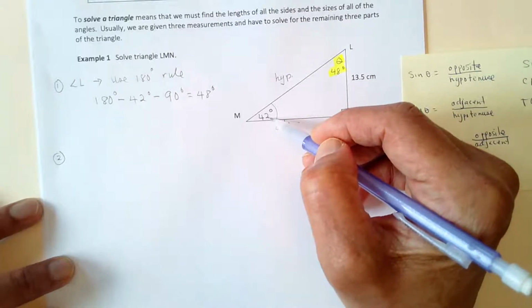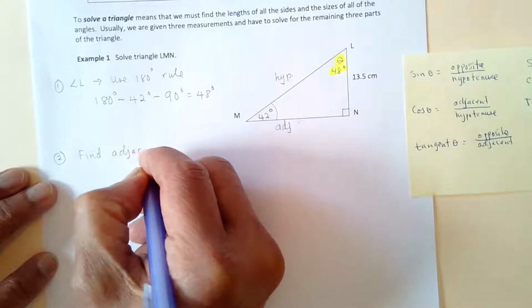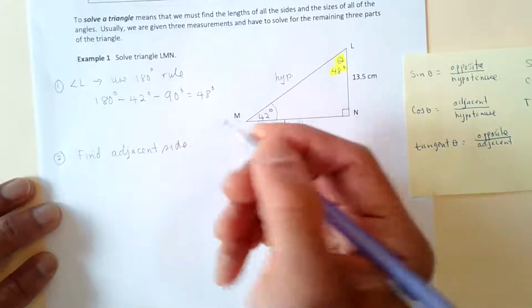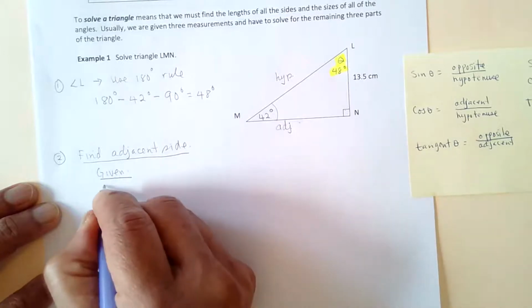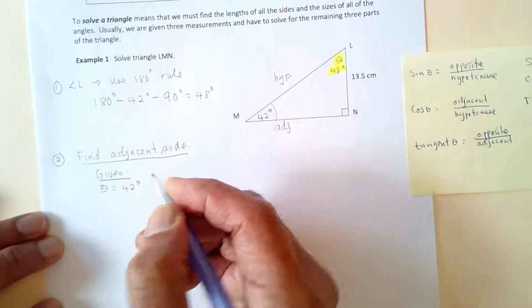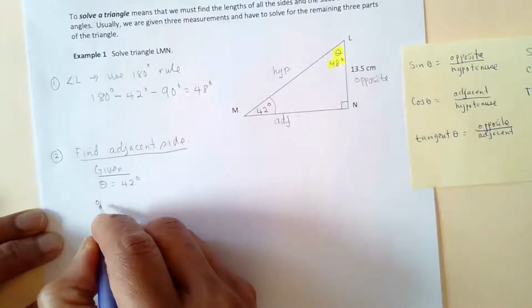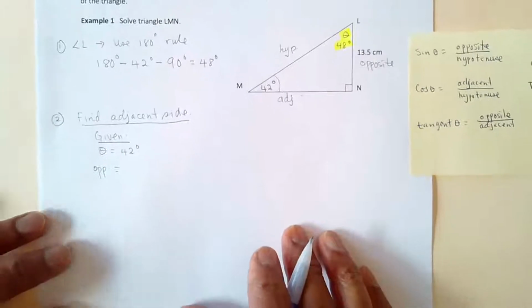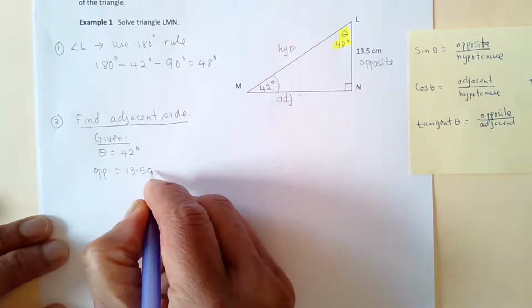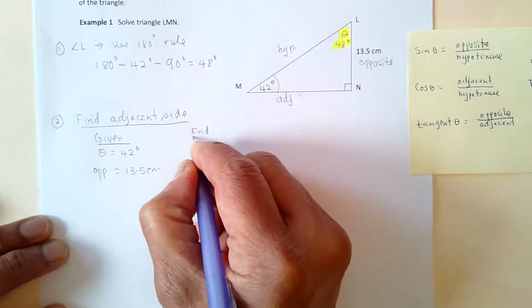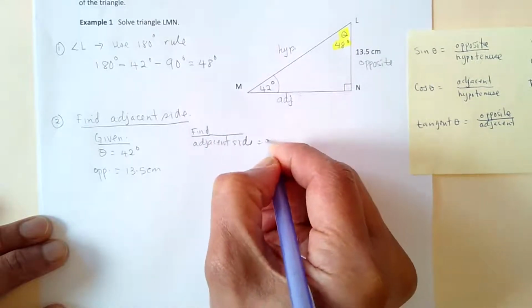So if you want to find the length of the adjacent side, given theta, which is 42 degrees, and given, in this case, the opposite side, which is 13.5 centimeters, we need to find the adjacent. Let's call that X.